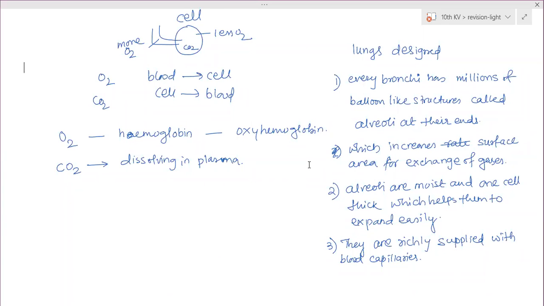So that volume of air present in the lungs is called residual volume, which provides sufficient time for continuous exchange of gases. So the exchange of gases won't stop at any time. Clear? That is residual volume.